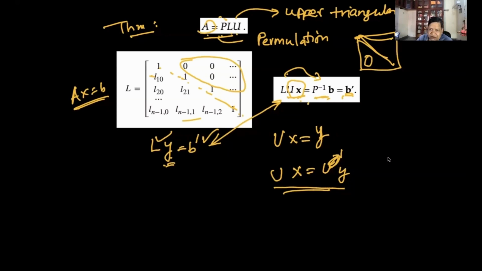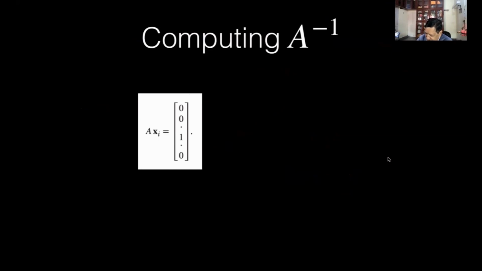Or you can also compute A inverse. How will you do A inverse? Also quite easy. Replace B by a vector where all the entries are 0 except one of them is 1, in the ith row, and I solve for it. The solution for this is xi. You can use LU decomposition for computing xi in order n squared.